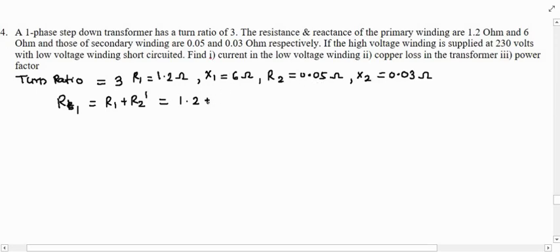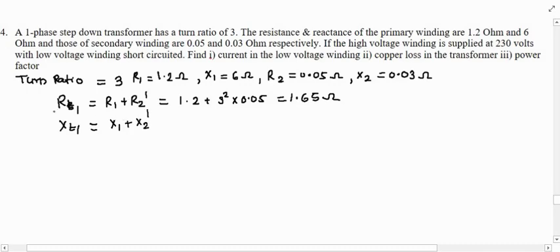With turns ratio 3, I will directly write 3 square into 0.05. So it will be 1.65 ohm.